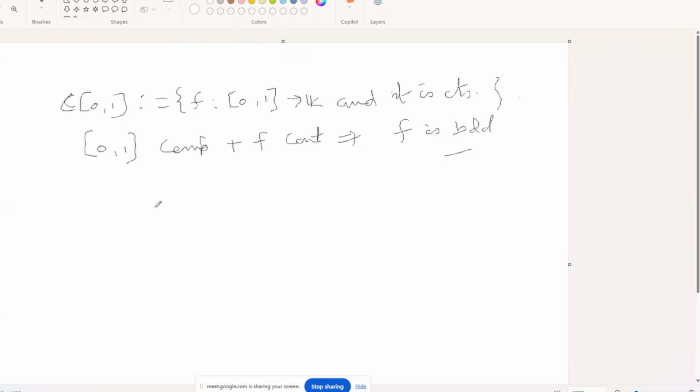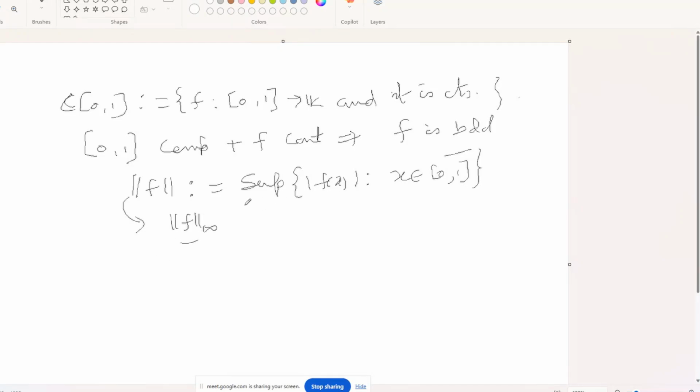Every continuous function on a closed bounded interval is bounded. So therefore, the norm of f, which you define as the supremum of mod f(x) such that x is in [0,1], is also written as the norm of f with infinity norm.